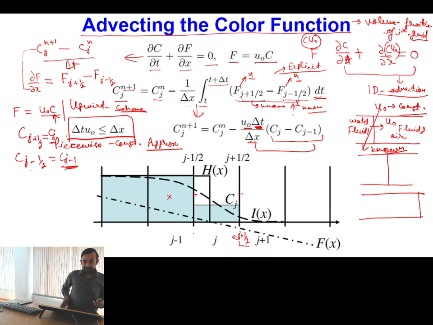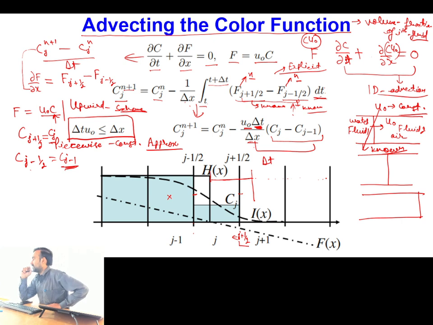In a similar way, whenever we numerically solve the advection of interface, we have to keep one point in mind, that when this interface will be jumping from one cell to another cell because of the advection, our delta t should be sufficiently small so that the jump of the interface should not simultaneously take place through multiple cells in a single time step. Is this point clear what I am saying?